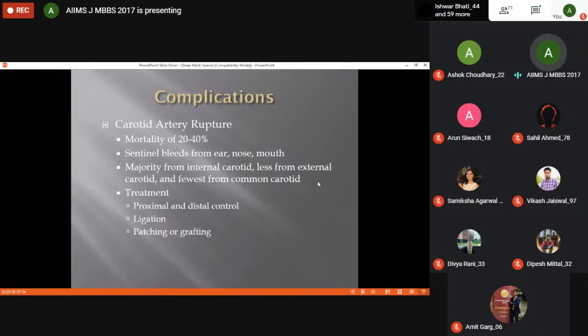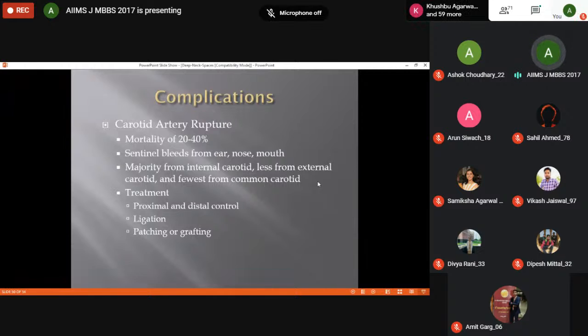The majority are from the internal carotid, fewer from the external carotid, and fewest from the common carotid. Treatment is proximal and distal control, ligation, patching, or grafting, if you get the opportunity to treat the patient on time.